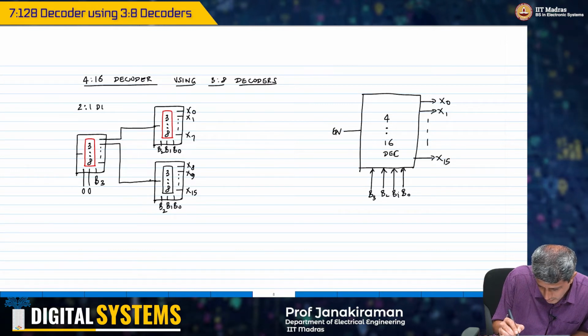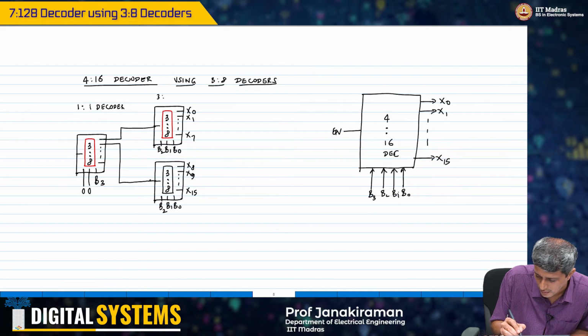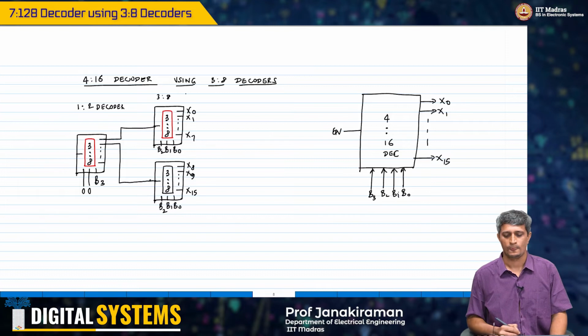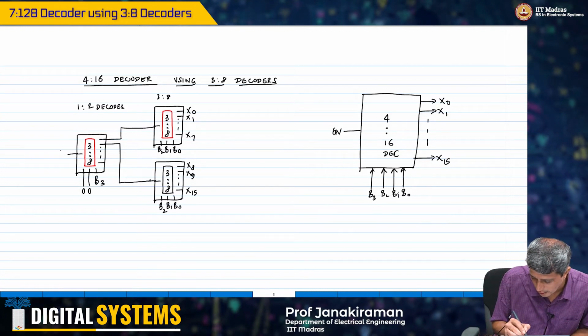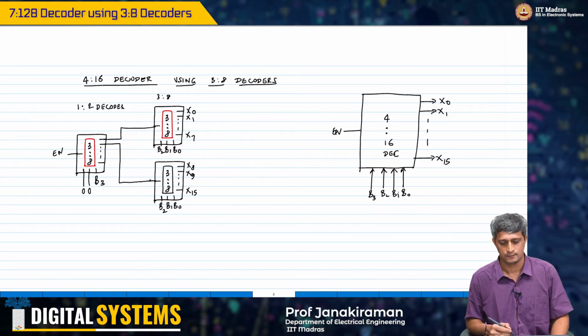Okay. So this is essentially a 1:2 decoder, sorry, and this is a 3:8 stage, right, and this is where the enable of this block will come, okay.